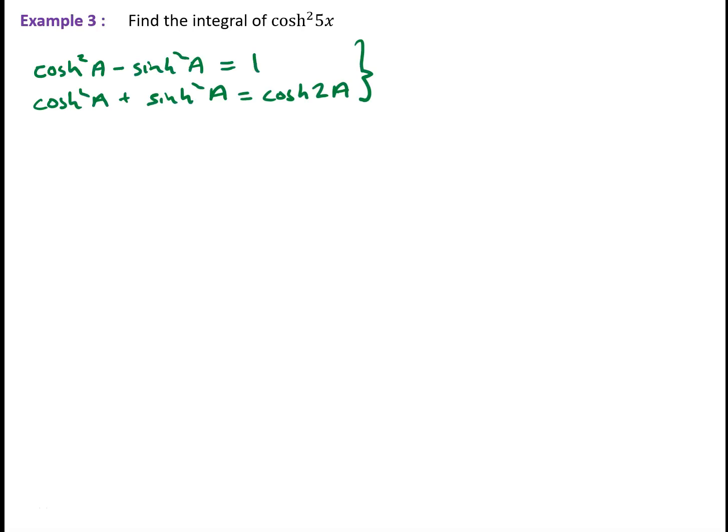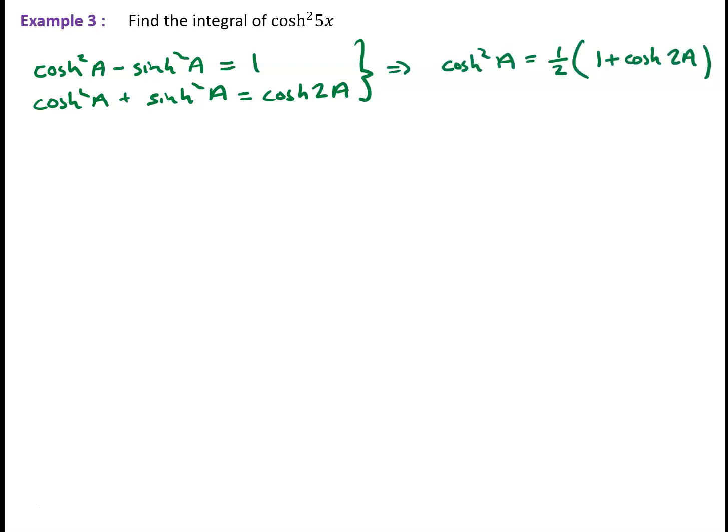For example 3, we've got to find the integral of cos squared 5x. Now, we know that cos squared a minus sin squared a is also always equal to 1, and that cos squared a plus sin squared a gives me cos 2a. So if I add those two expressions, I'm going to get 2 cos squared a equals 1 plus cos 2a.